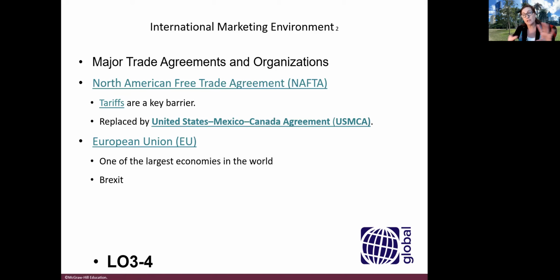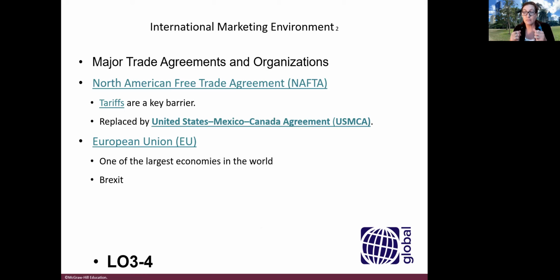Now, when we shift to the international context, we can see that a trend in the last 50, 60 years has been the formation of free trading blocks, regional blocks that are collaborating to encourage trade and investment.